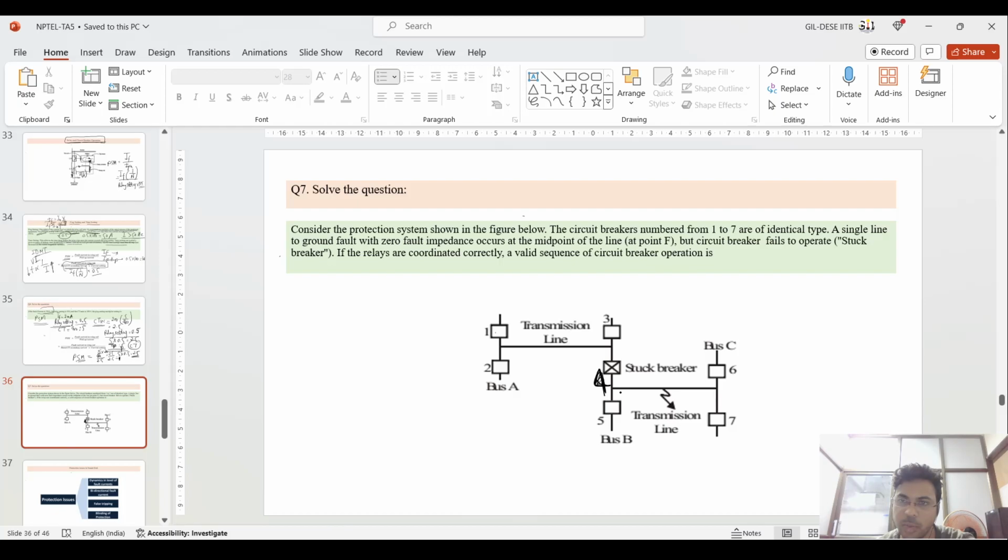It is not operating when the fault came. So you have to tell me the sequence of the circuit breakers which should operate at that particular time. It means that suppose the fifth will operate first, then the seventh will operate, then the second will operate, like that you have to give.